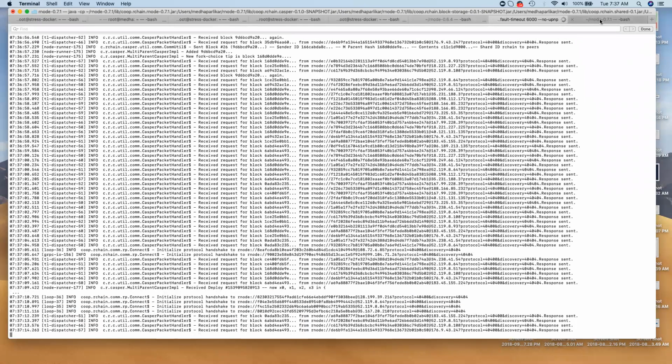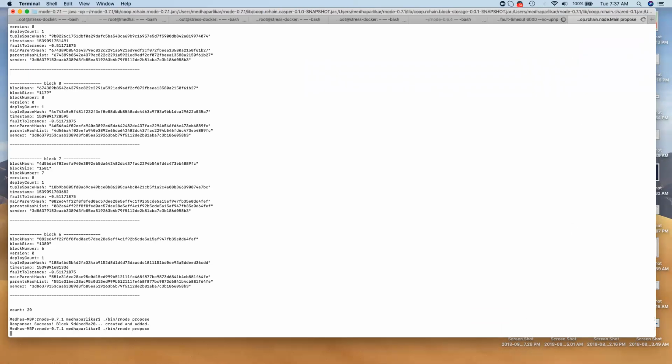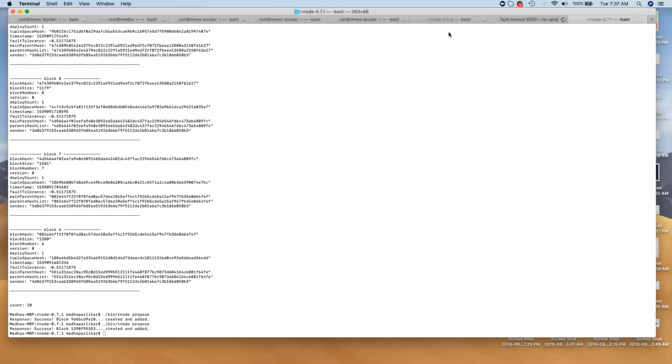So, yeah, there we go. I see a new fork choice. Was that someone who was trying to propose? And do they just create their own blockchain? Yep. A fork choice is when the system decides the block with the greatest weight.